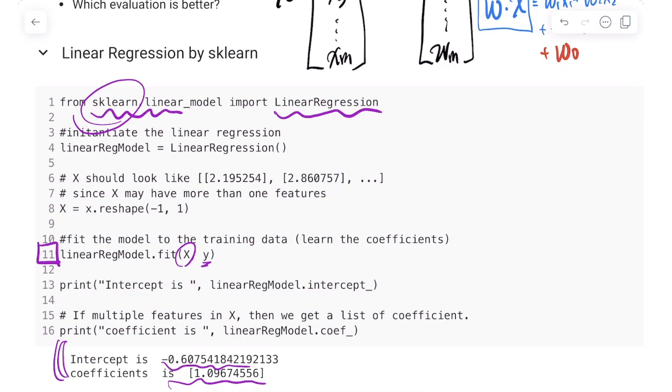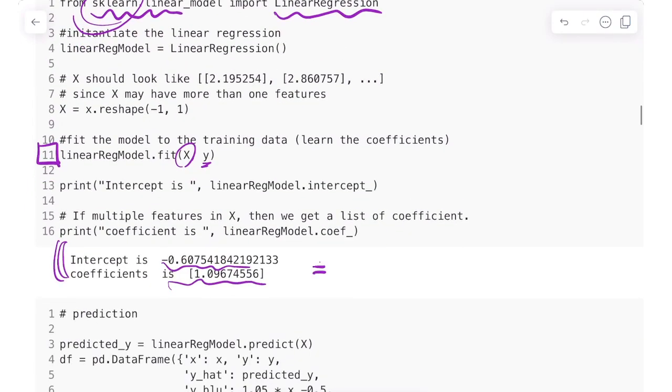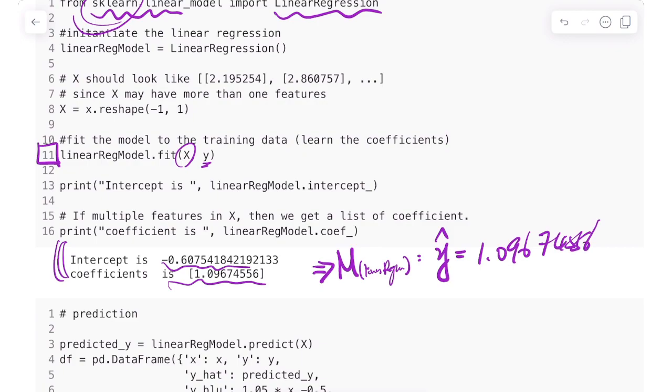So in this way, the y hat of this linear regression model equals 1.x1 minus something.